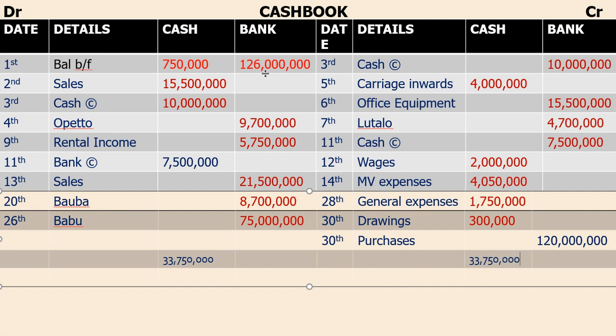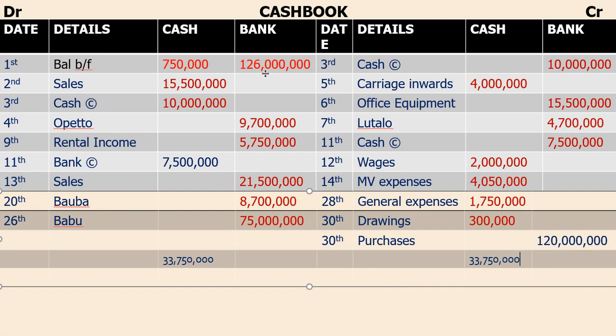Then we go to the bank account balance. I have 126 millions. Then we add back 9,700,000. We add back 5,750. Then we add back 21,500.